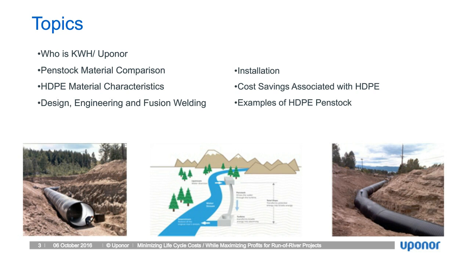Hopefully at the end of this presentation, you will have a better understanding of how selecting the right material can minimize life cycle costs, and in doing so, maximize power profits.